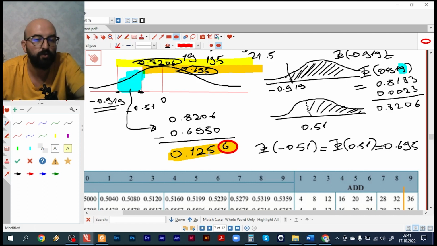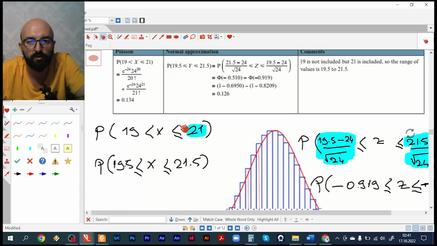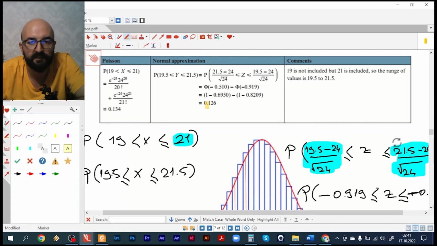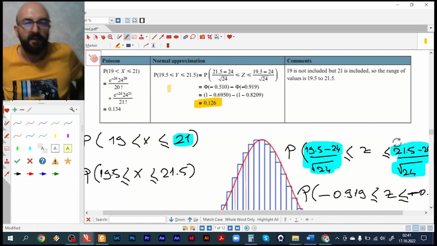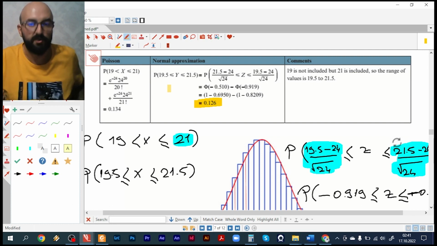Okay, I want to look at this part, 0.126. We could figure out the result according to the normal approximation.